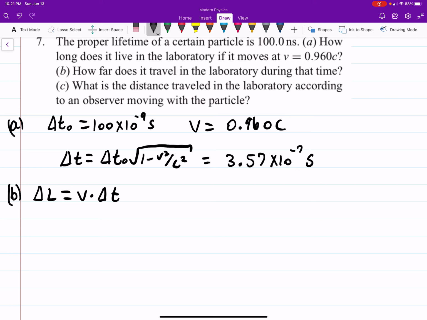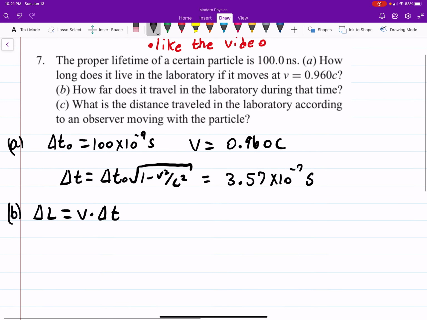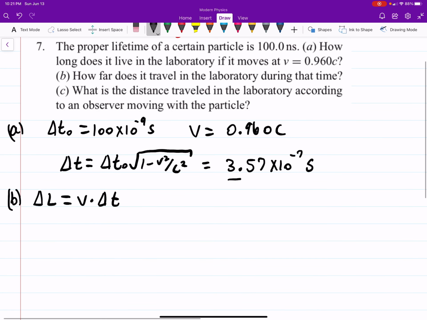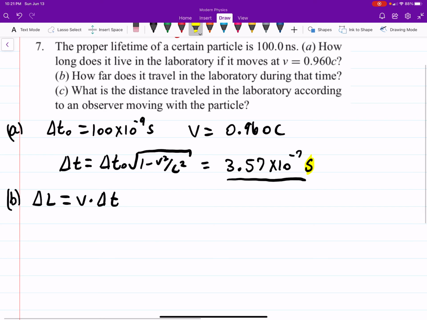Anyways, delta T was given to us, or it wasn't, but we actually just found it right here. Delta T naught was what was given to us, and we have the velocity. It helps to just make sure that this is in seconds, because this is 0.960 times c, which is 3 times 10 to the 8 meters per second.